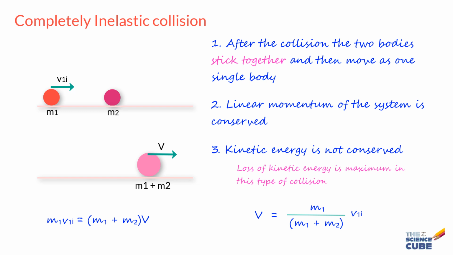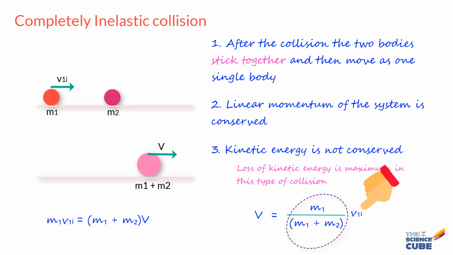So an interesting point to note is that V will always be less than v1 initial, because you see the ratio m1 upon (m1 plus m2) is always less than 1, meaning that multiplying this ratio by v1i gives a value less than v1i.